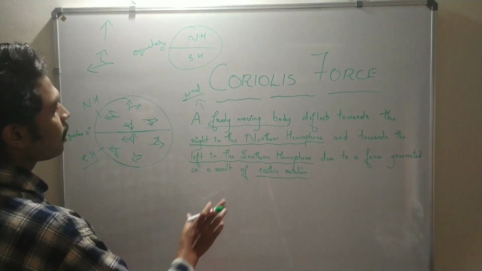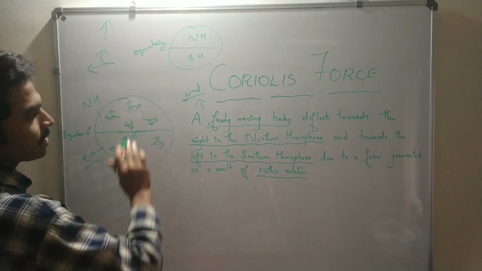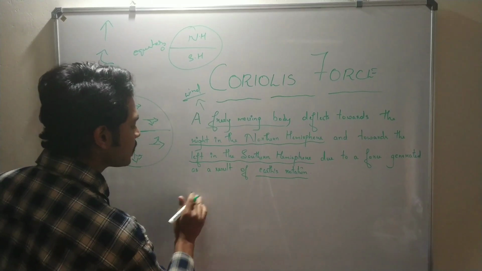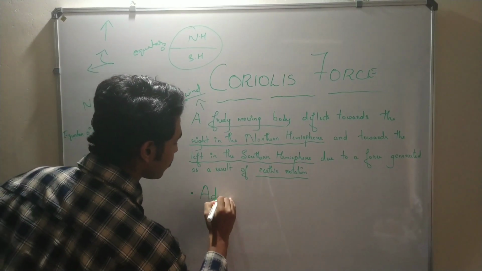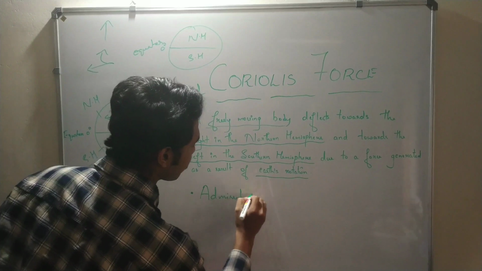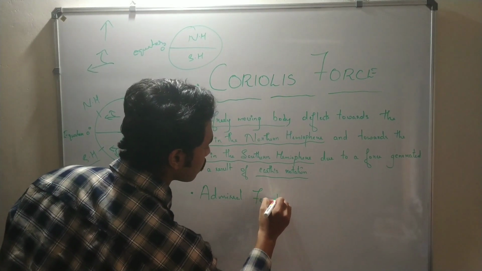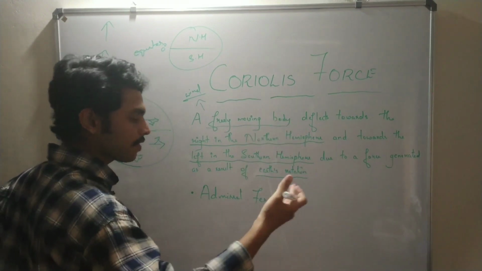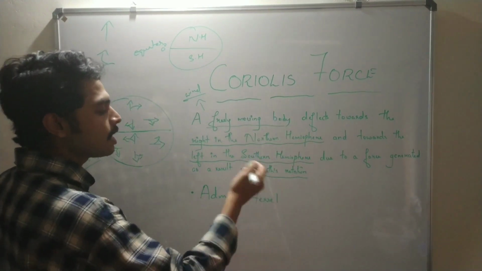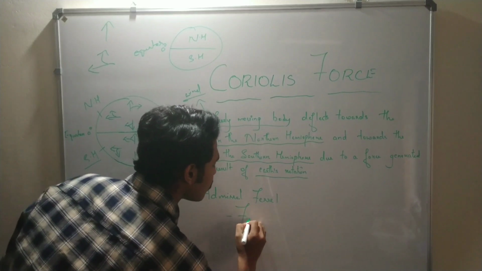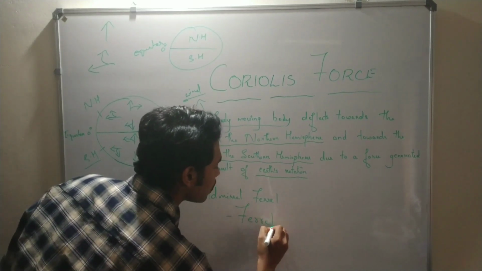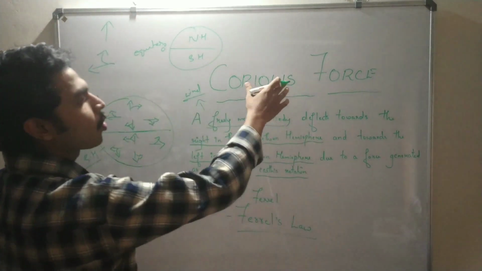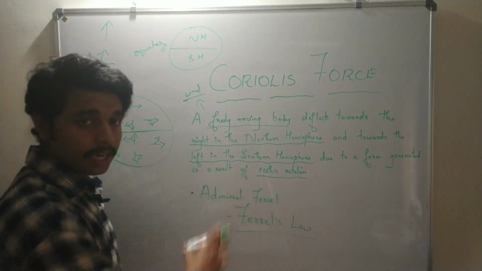This Coriolis force was discovered by a scientist named Admiral Ferrel. So this Coriolis force effect is also known as Ferrel's law, as this law was discovered by Admiral Ferrel.